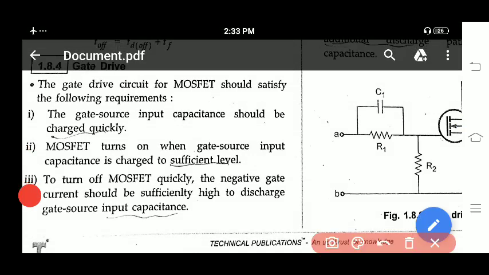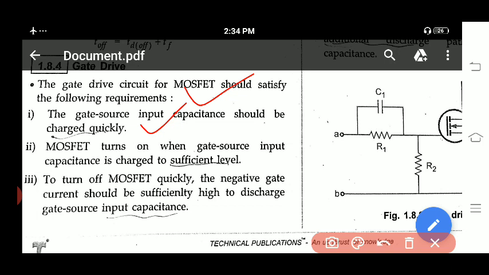The gate drive circuit for the MOSFET should satisfy the following requirements. The gate-to-source input capacitance should be charged immediately. Obviously, if the gate-to-source capacitance is charged immediately, what advantage will you get? The TD on, the delay time required during turn on, can be avoided if that capacitor is charged immediately.